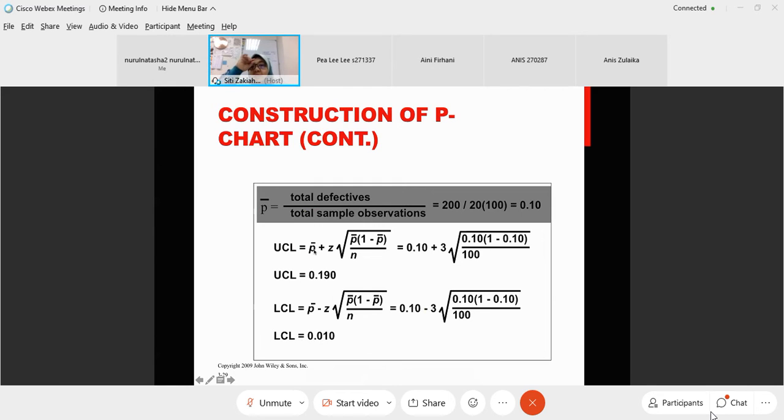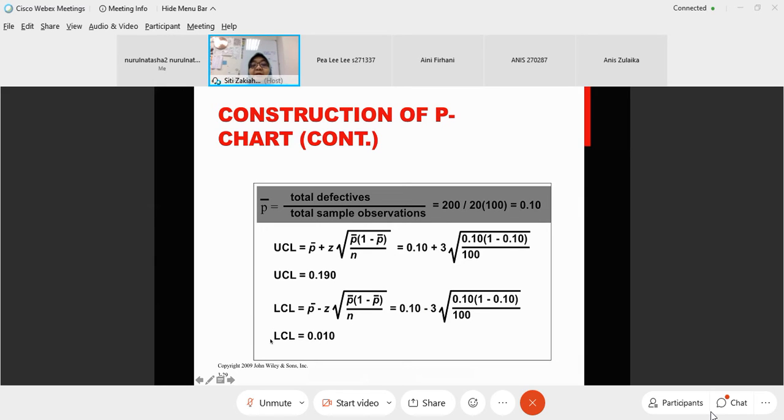If in your slides there is no bar, draw it on top. P bar plus Z, and now we substitute. This is sigma P, right? This is the formula for sigma P. How do we get P bar? P bar is total defectives divided by total sample observations.